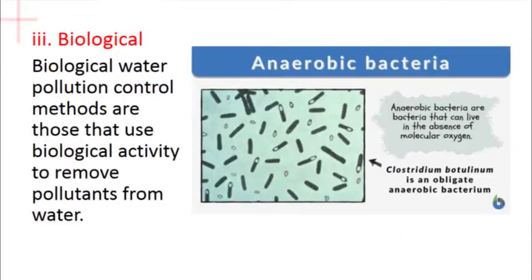Next, coming to the third type, biological. Biological water pollution control methods are those that use biological activity to remove pollutants from the water. These methods are used for the control of biodegradable organic chemicals including nutrients such as nitrogen and phosphorus.